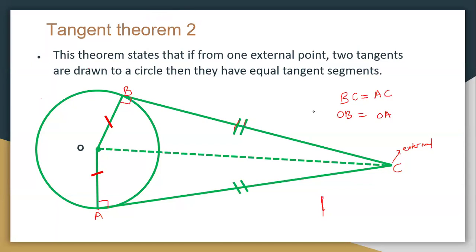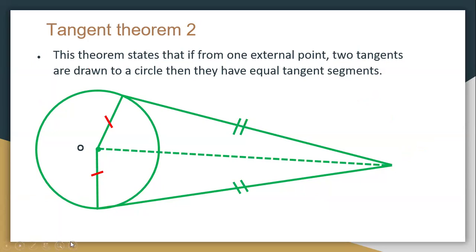Emma? Teacher, I wanted to ask about this tangent theorem too. How can it be applied in our everyday life? In our everyday life, yes. Okay, Emma, don't go off.